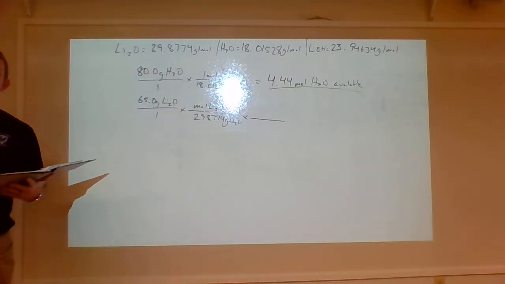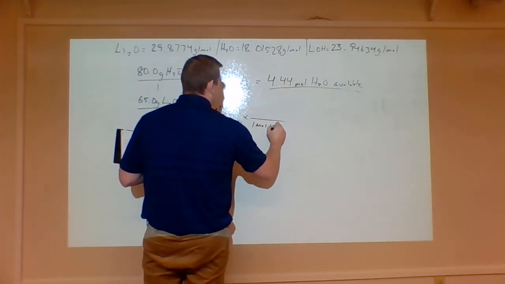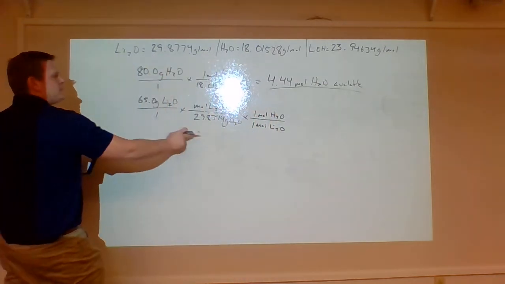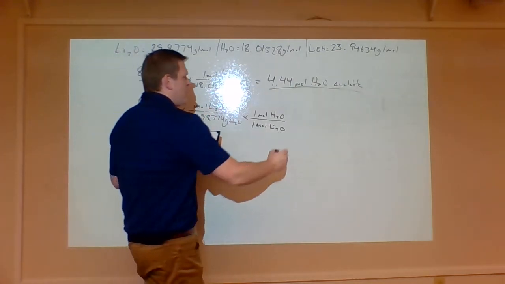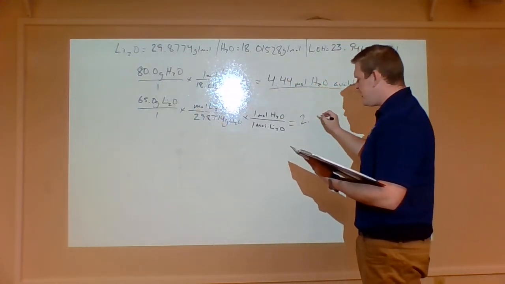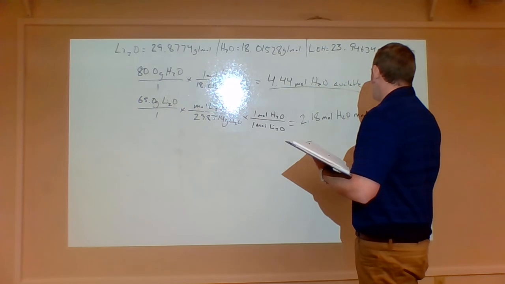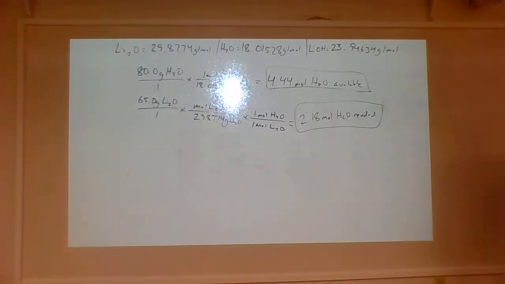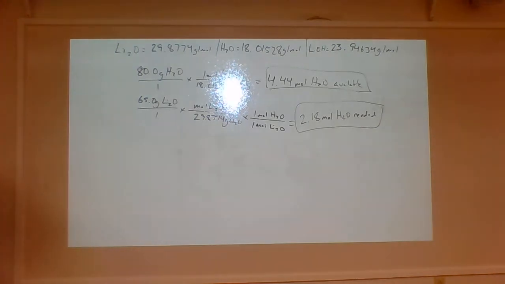We go back to our chemical equation and see that it's a 1-to-1 ratio. So for every 1 mole of lithium oxide, we have 1 mole of H2O. Our grams cancel with grams, moles of lithium oxide cancel with moles of lithium oxide, and we have our final answer in moles of H2O. So this answer shows that 2.18 moles of H2O are needed in order to react with this 65 grams of lithium oxide.